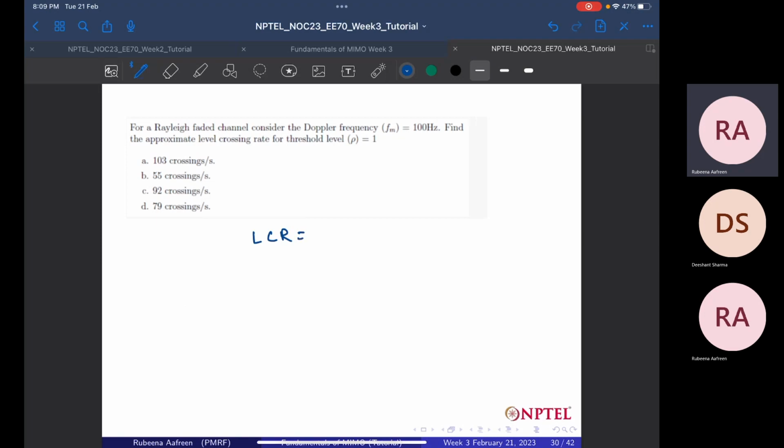Level crossing rate is 2 pi fm rho e to the power minus rho square.